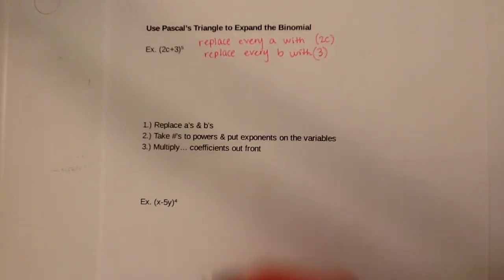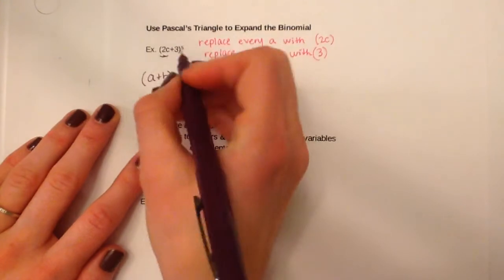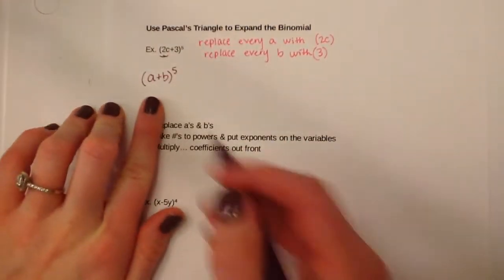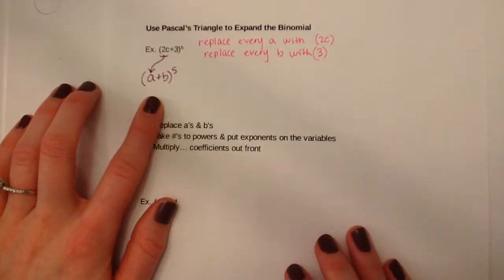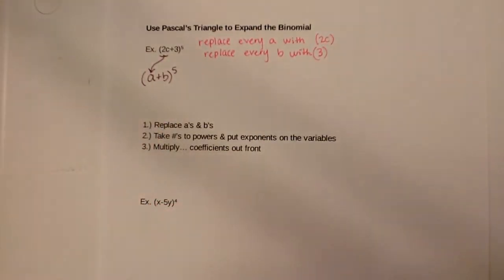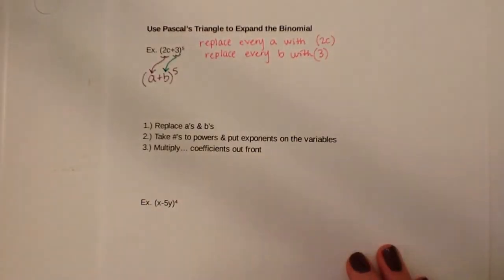So what that's saying is we're going to take our 2c, we know it's to the 5th power, so we have (a + b) to the 5th. So we're going to plug in 2c for the a's, and we're going to plug in our 3 for the b's.